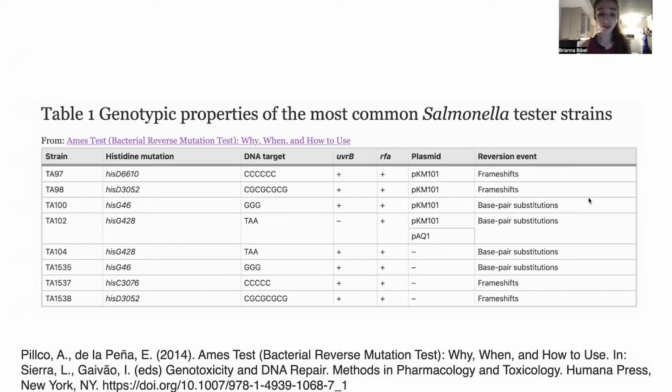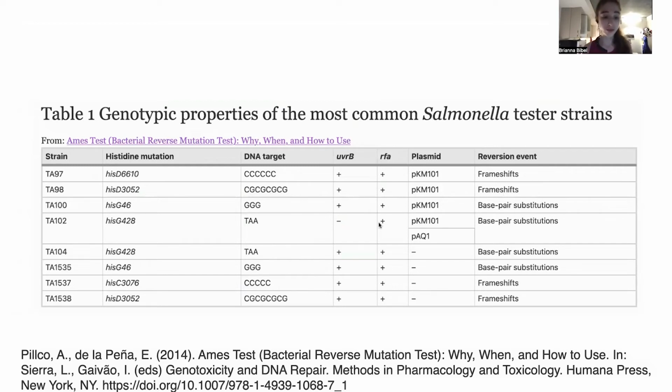We'll get more into the details about these strains in a minute, but you can see there are different strains which have different mutations in the gene for making histidine. These different mutations require different types of mutations in order to fix them. Some of them just require a single letter to be changed back, whereas some of them require a frame shift mutation.